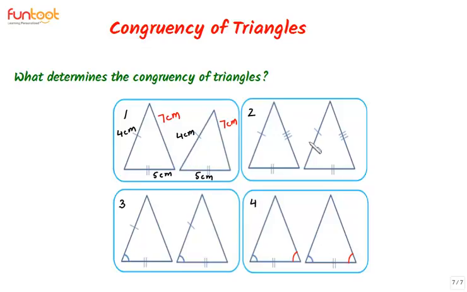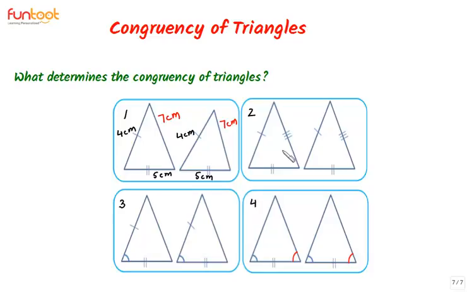Let's take the second pair. In second pair, 3 corresponding sides are given to be equal. That means this side is equal to this side, this side is equal to this side, and this side is equal to this side. When students construct 2 triangles with all the 3 corresponding sides as equal, they will find that triangles will come out to be congruent.